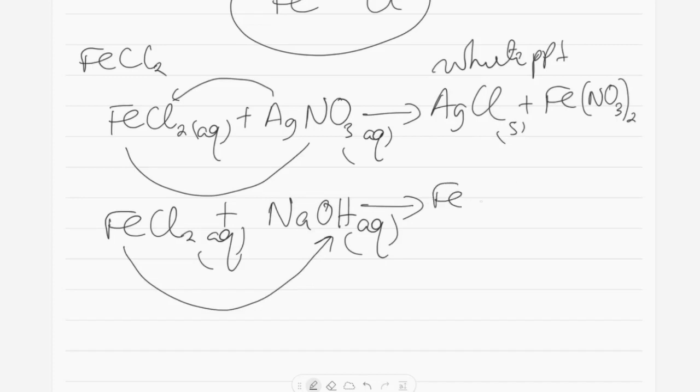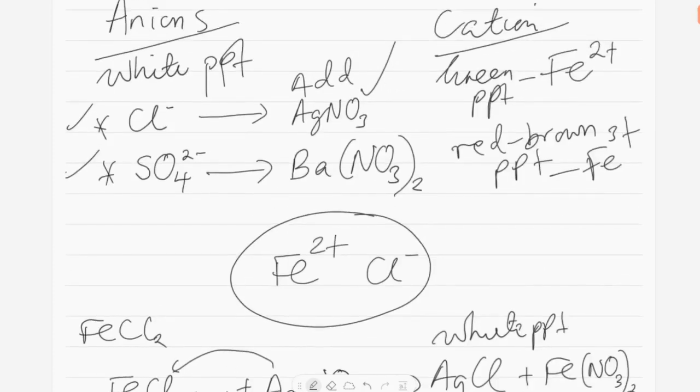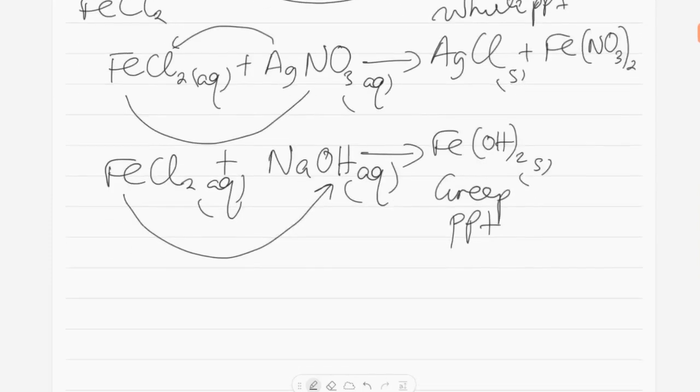So there will be iron 2 hydroxide, solid, which is a green PPT. Like we are told there, iron 2 forms a green PPT. So we'll form iron 2 hydroxide, plus we're also going to form sodium chloride as another product. So now, this is our green PPT.